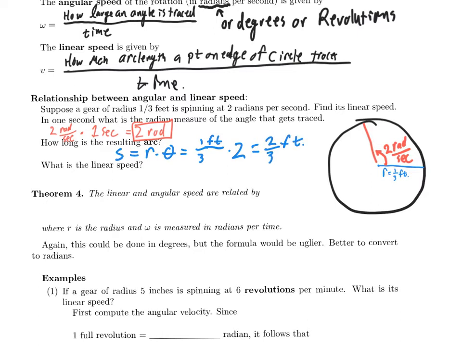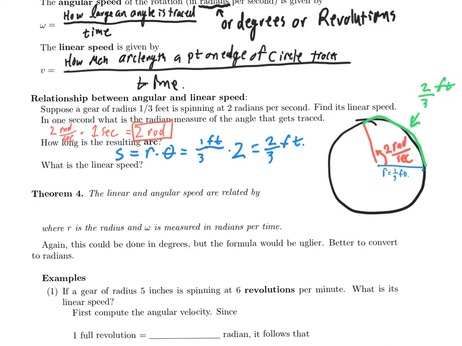And it took 1 second to achieve that. So in 1 second, the arc length that's traced out was 2/3 of a foot. But in fact, this picture right now is dishonest, because this indicates that this is radians per second.